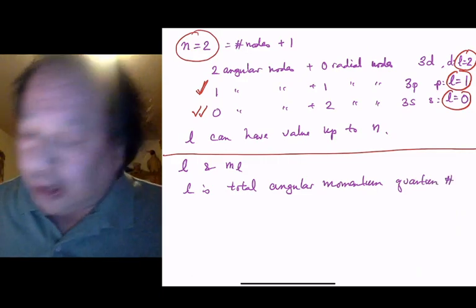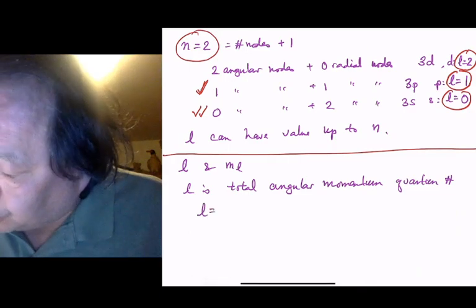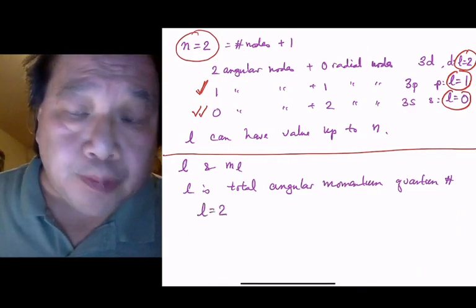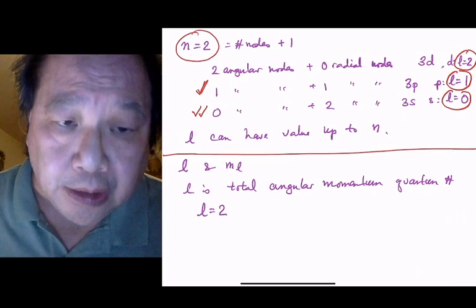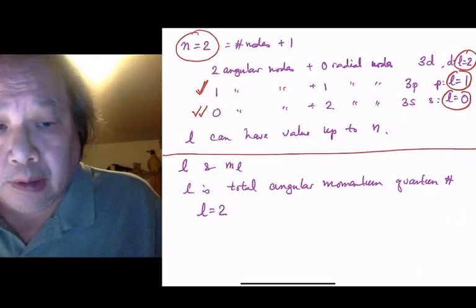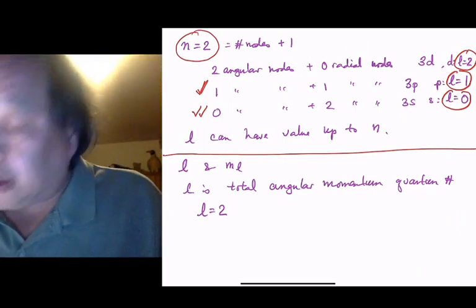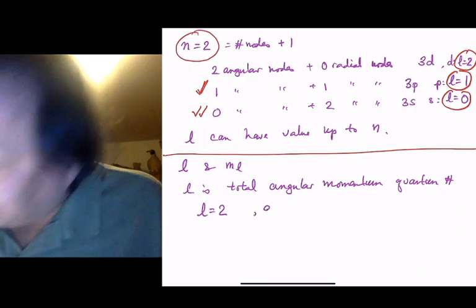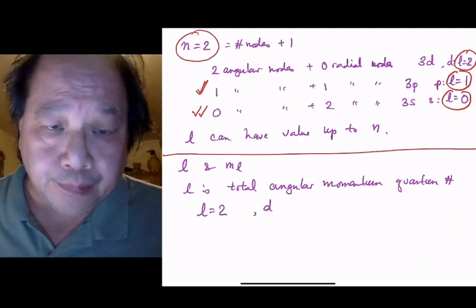For example, we could have an L equals 2. L equals 2 corresponds to what letter? S, P, D, or F? Put it in chat. L equals 2 is the D. It's a D orbital.